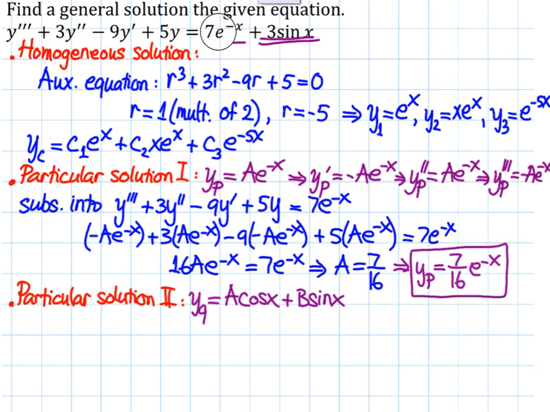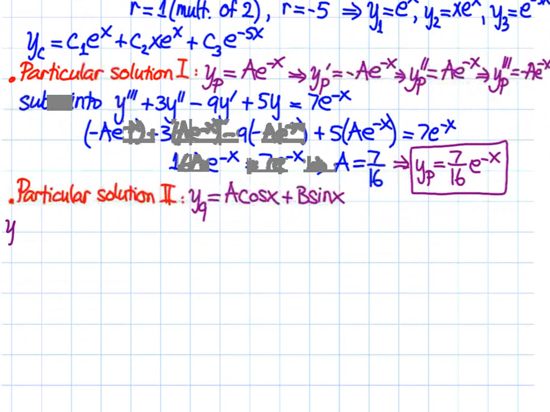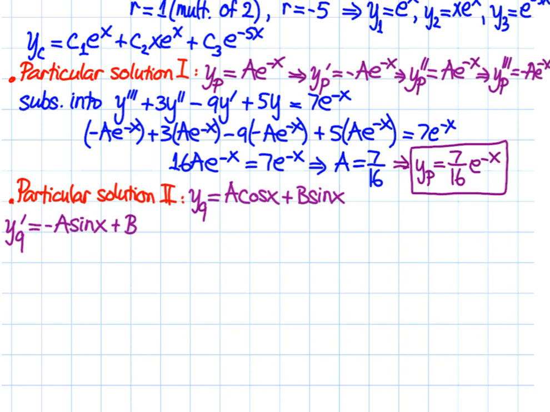And now we will check the derivatives. The first derivative will be equal to negative a sine x plus b cosine x.